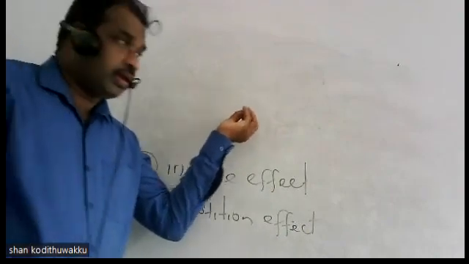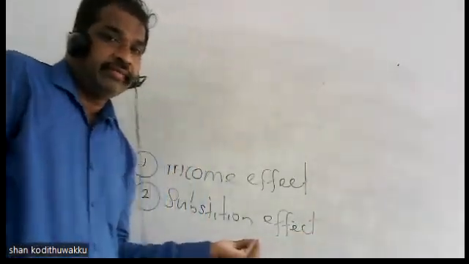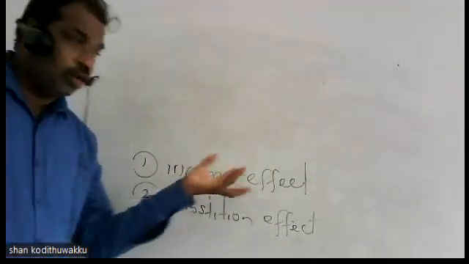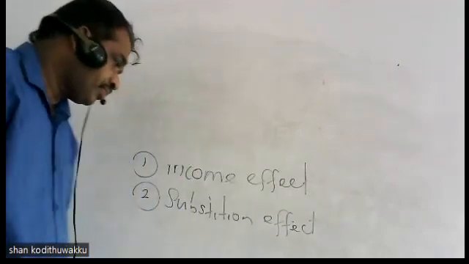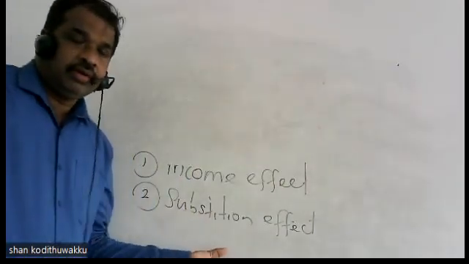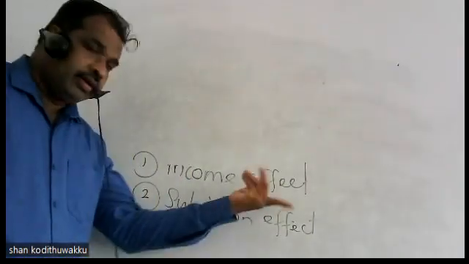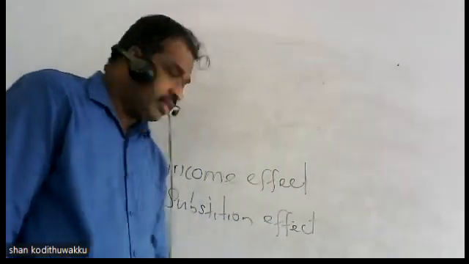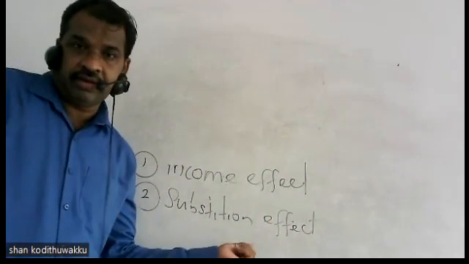They will leave the concerned product and try to find new products which are having lower prices. Therefore, people will leave the concerned product and try to buy products which are having lower prices. That is the substitution effect.